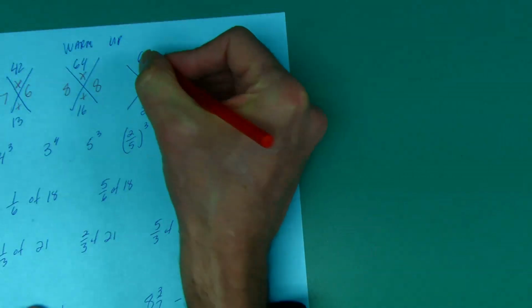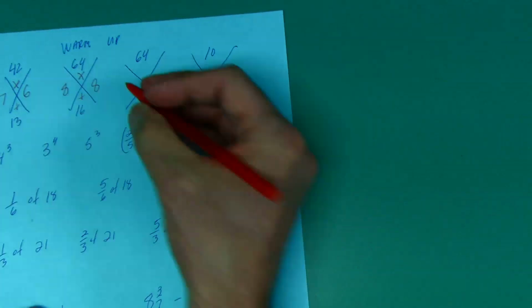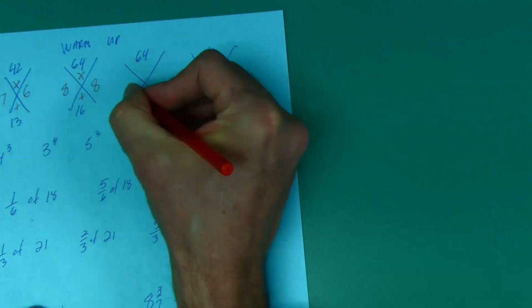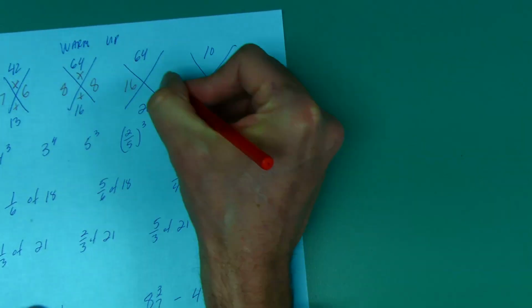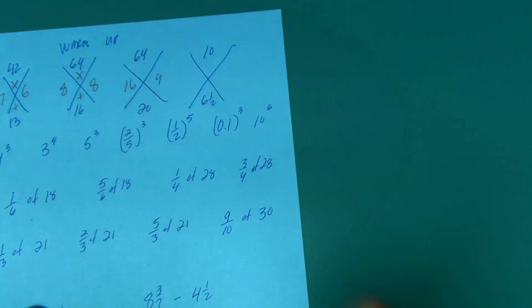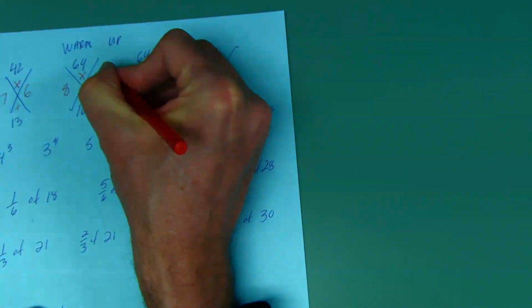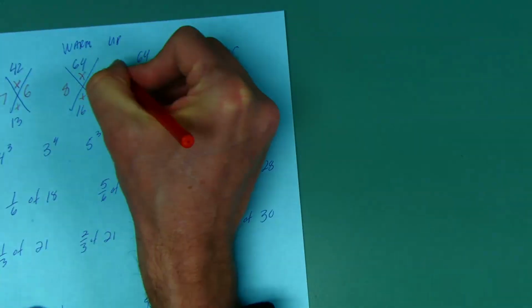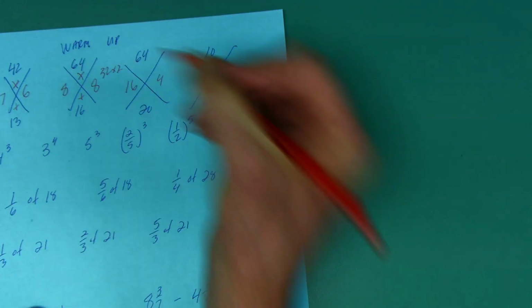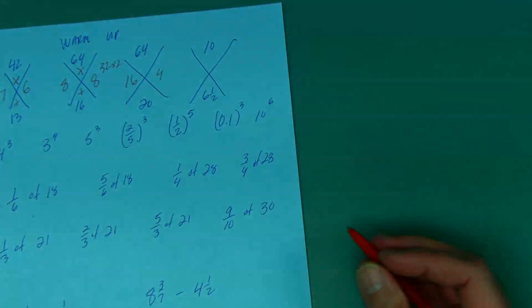64 and 20. Wait a minute. 64, 20, 8. You know what? If I double that 8 and take half of that 8, I will get the same product. And then if I add those two, now I get 20. And again, I keep doing that. If I double 16 and take half of it, I'm going to get 64. And that goes on forever, not just with 8 and 8, but with all products.